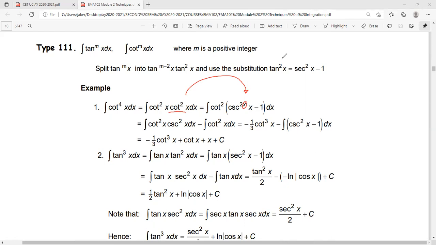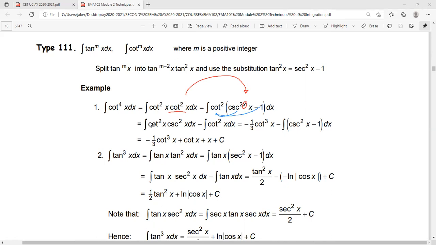Then have the cotangent here distributed. Okay, so your first integral will be cotangent squared x, cosecant squared x dx after you have multiplied it with this. The next one is cotangent squared x dx when you have multiplied it by negative 1.